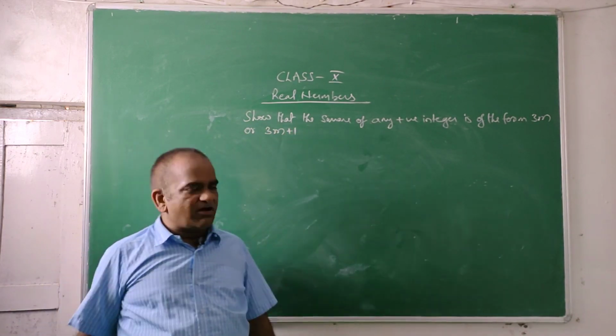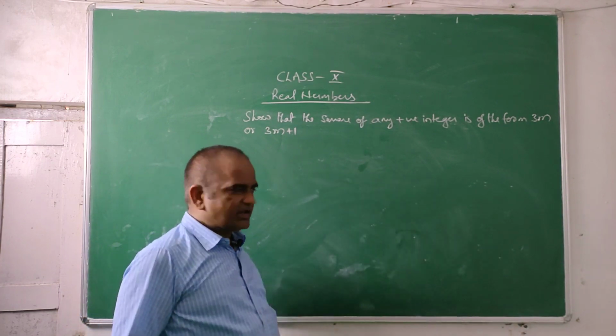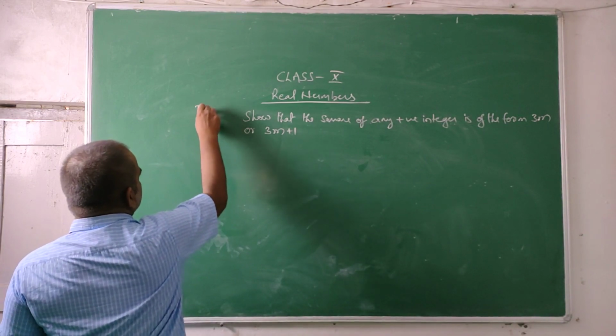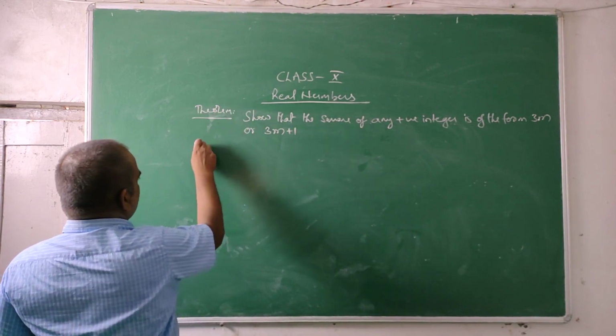Show that the square of any positive integer is of the form 3m or 3m plus 1. Now this is another theorem. So now, proof.